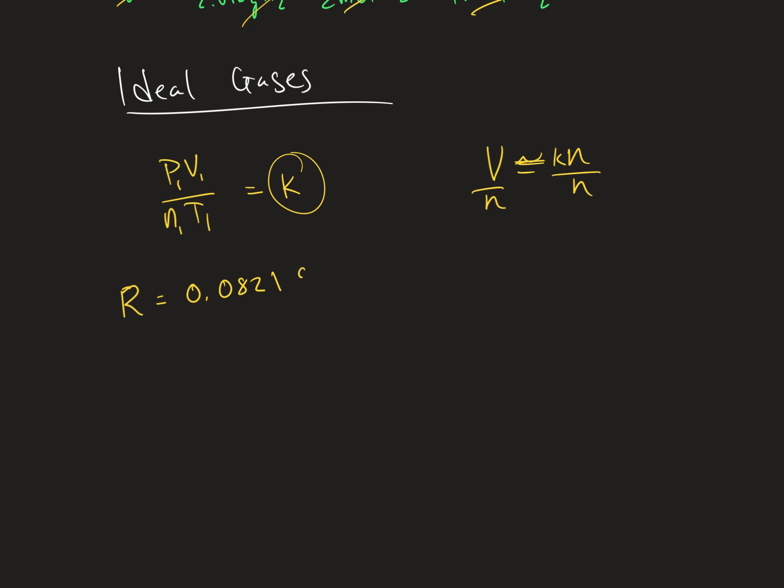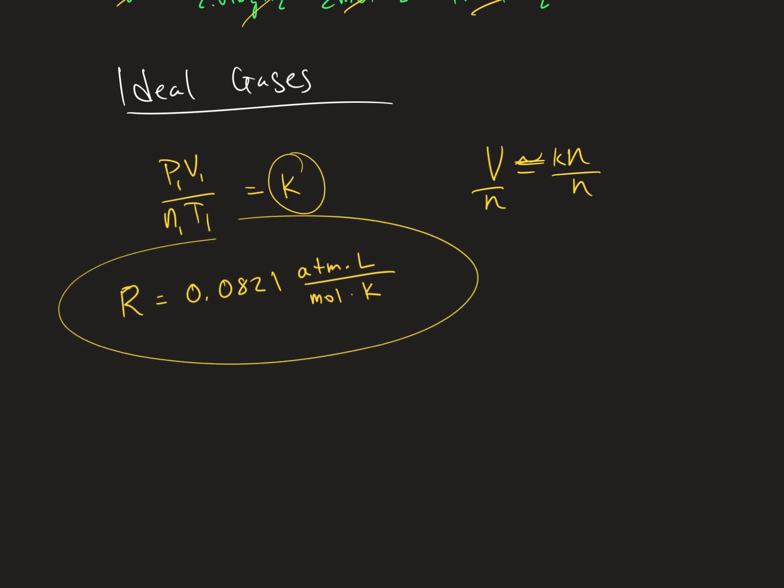And again, you have to use atm for pressure, liters for volume, moles for moles, obviously, and Kelvin for temperature. If you don't have these units, we have to use a different number. Do you want to learn a whole bunch of different numbers? So we just have to make sure we convert our units into these four units if we use this ideal gas law constant. Okay? Does that make sense?